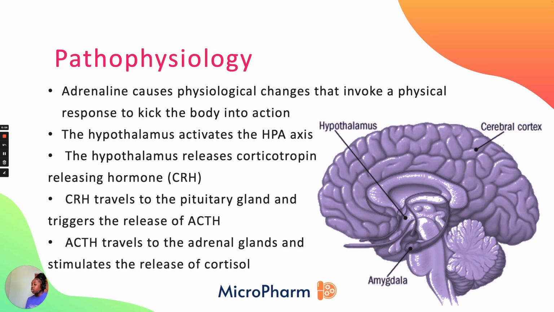As the brain continues to perceive the trigger as a dangerous threat, the hypothalamus releases corticotropin-releasing hormone, and that travels to the pituitary gland and triggers the release of adrenocorticotropic hormone. This hormone stimulates the release of cortisol from the adrenal glands. And we all know that cortisol is the stress hormone. It keeps the brain on high alert. So in an anxiety disorder, this process is ongoing, and it's triggered often and overstimulated.